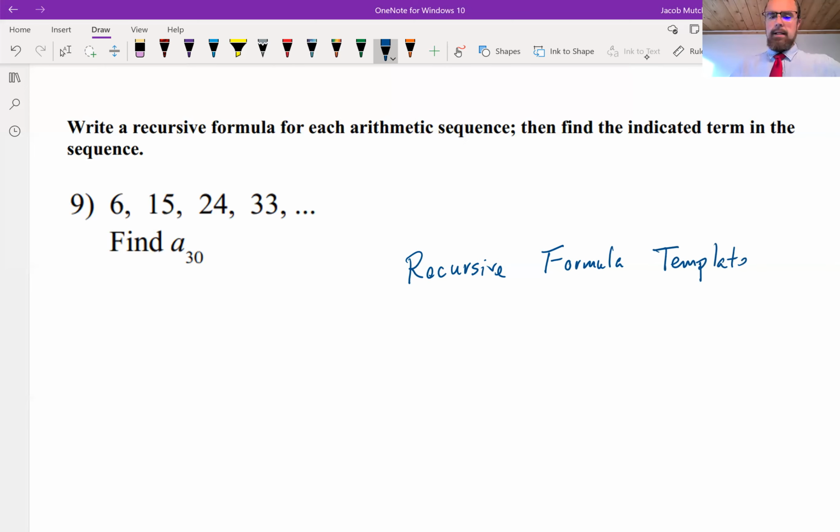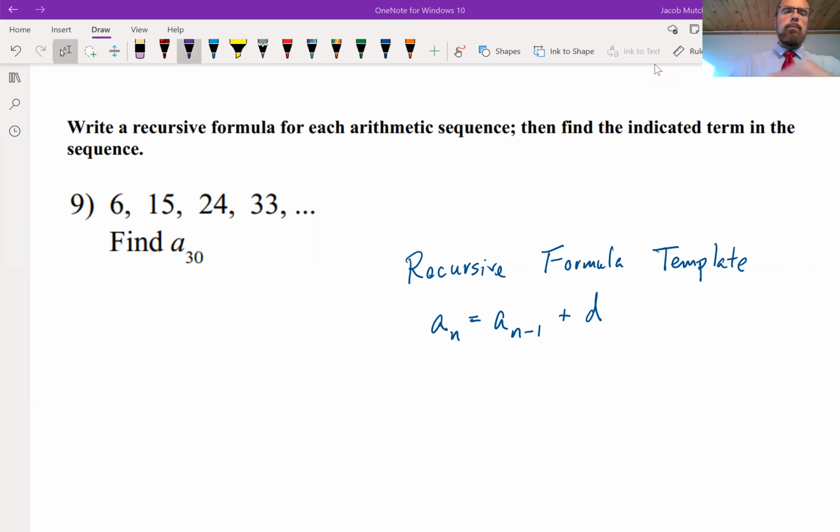That's going to be a sub n equals the previous term, which we're going to call a sub n minus 1. And that's going to be plus the common difference. So note, with a recursive formula like this, really all we need to find is the common difference.